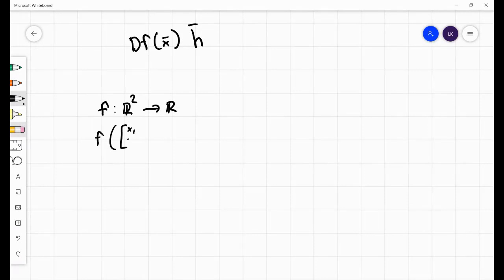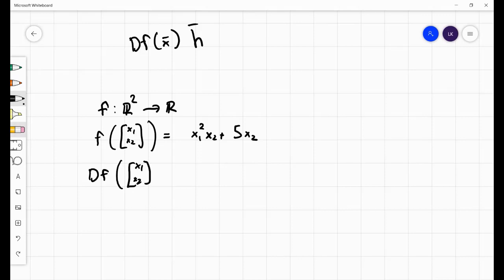We have x1, x2, or x and y if you wish, and the output is in R, so it has a single component. So the derivative of this function at x1, x2 is going to be what size matrix?